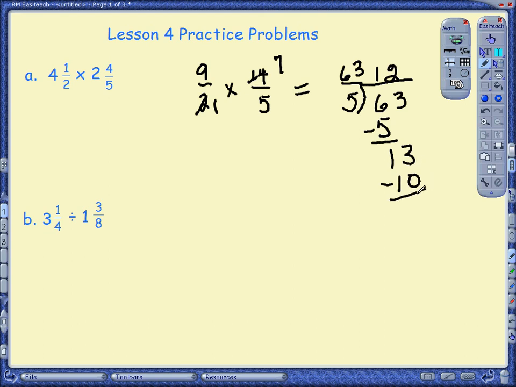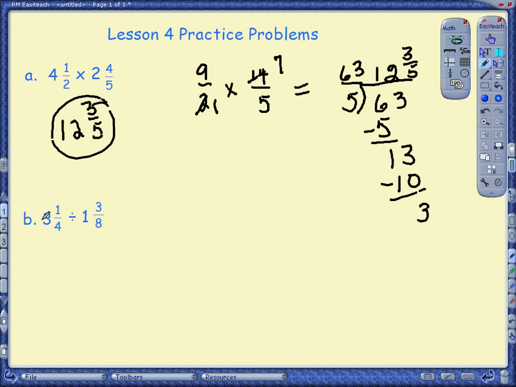And we subtract, and we have a remainder of 3. We put that remainder over the denominator of 5 that we had. And our answer for this, the best answer back in mixed numbers, is 12 3/5.